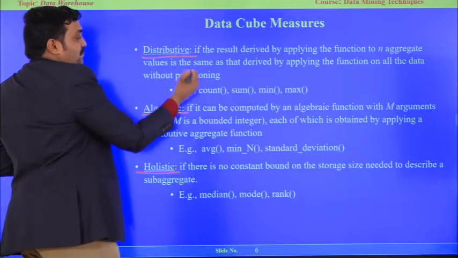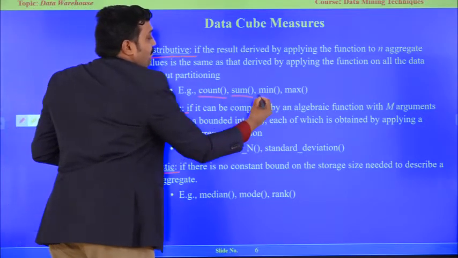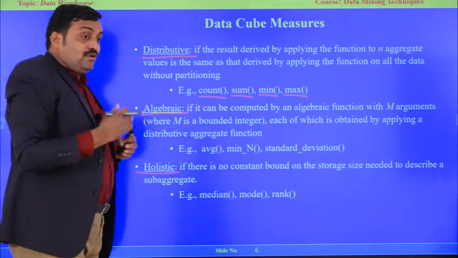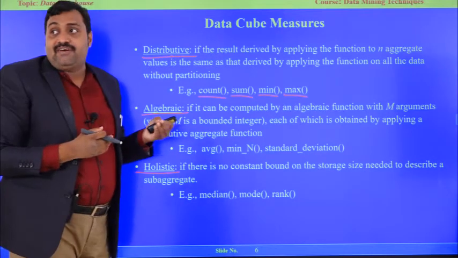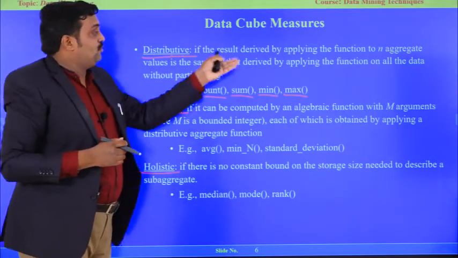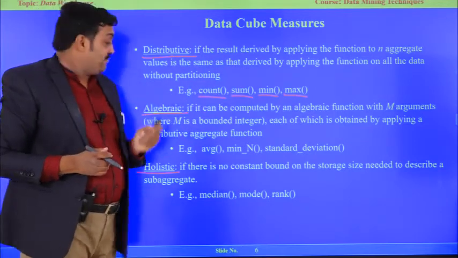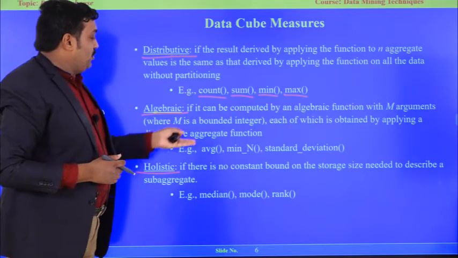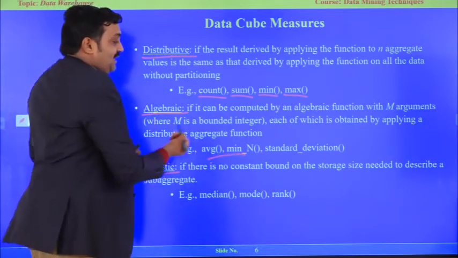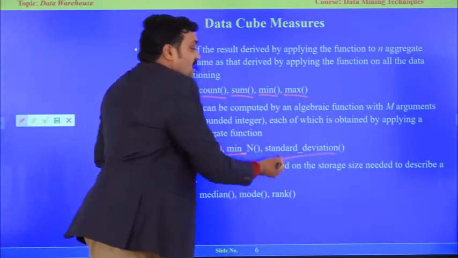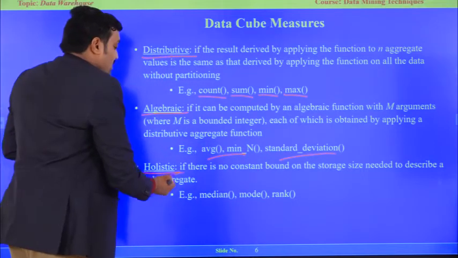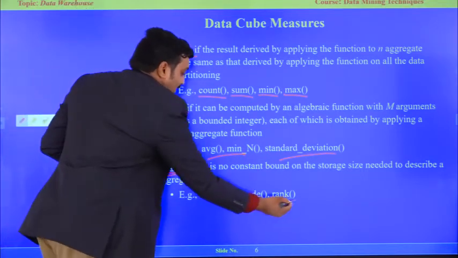Distributive means simply count, sum, min, max. That means while extracting the data, we use these kinds of functions like count, sum, min, max. For algebraic, we perform the average or standard deviation, and for holistic, we go for the mode, median and rank of the data.